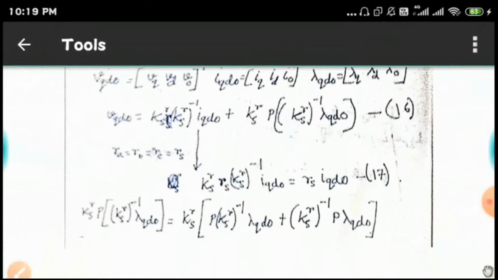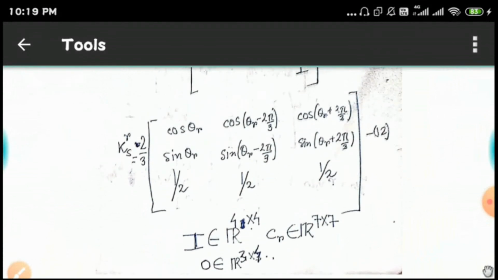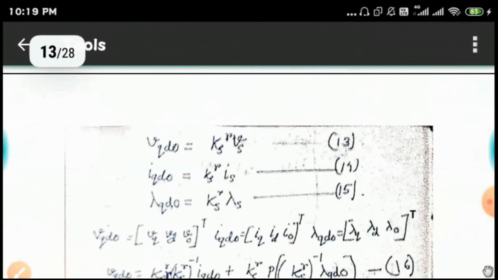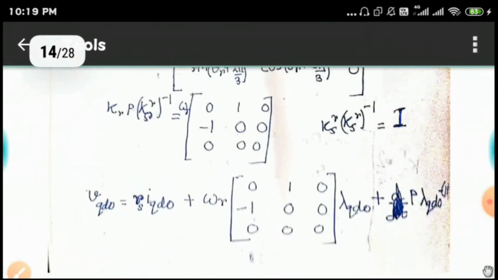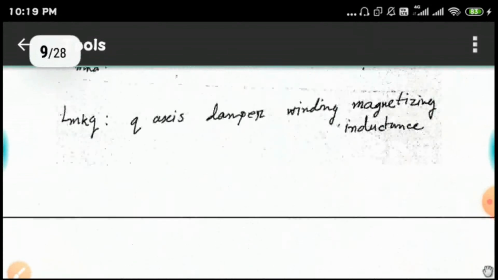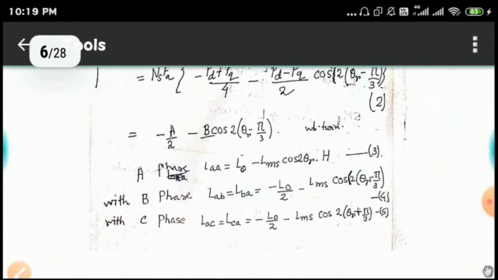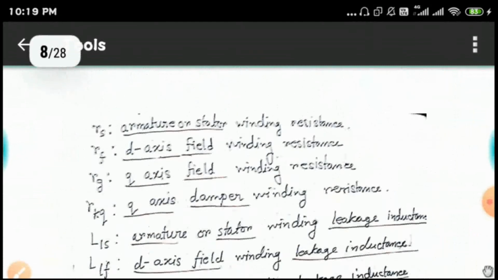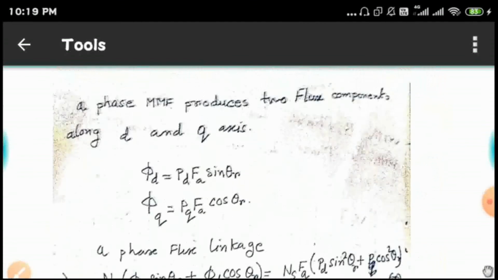As I have mentioned, we are not ready to change the rotor equation, because the rotor terms, if you can see here somewhere, yes, just a minute.